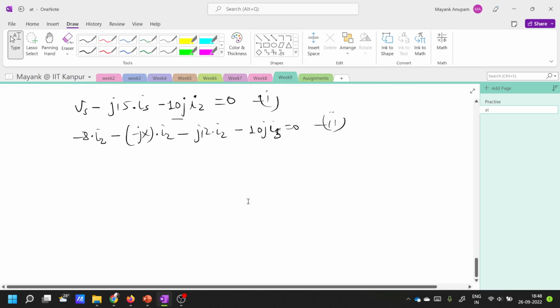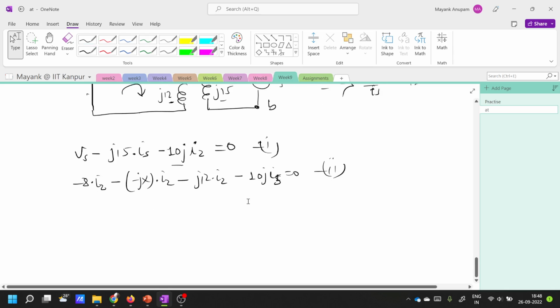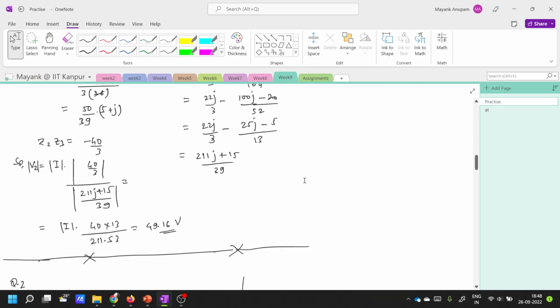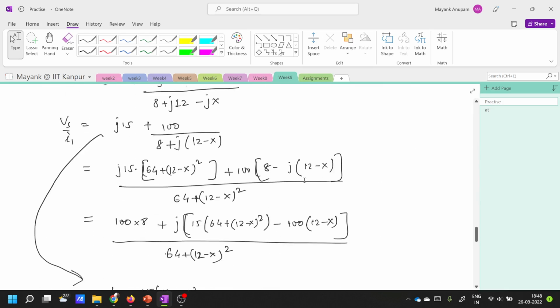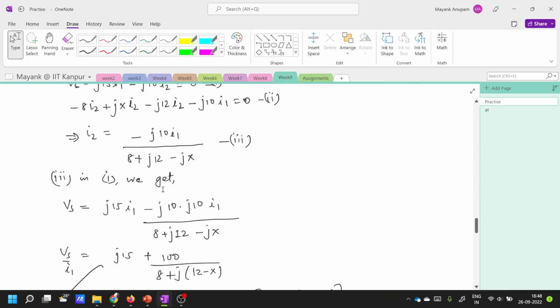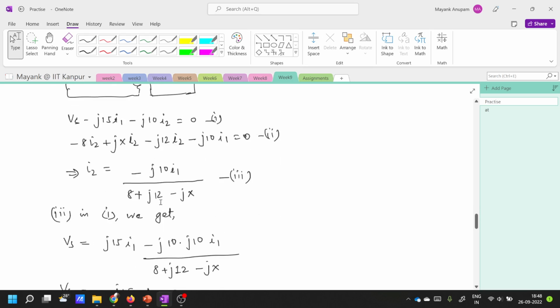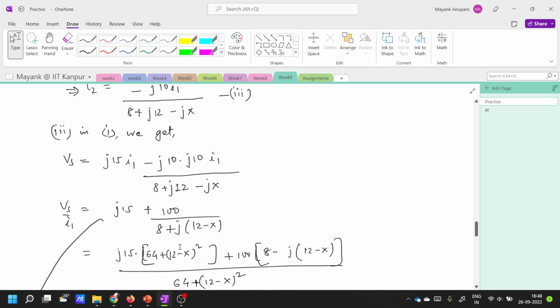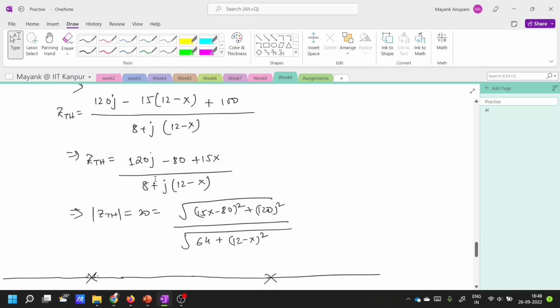Now when you solve both of these equations, you will get Z Thevenin equal to, so I'll simply write out the answer. Let's not get involved, this is slightly complicated. The Thevenin impedance Z Thevenin is this value.